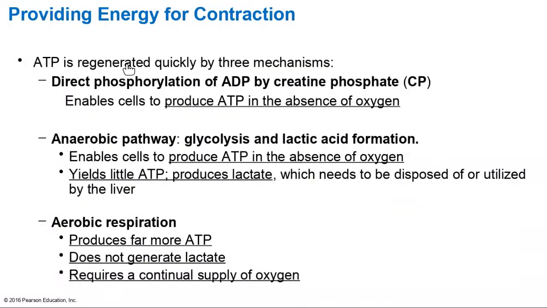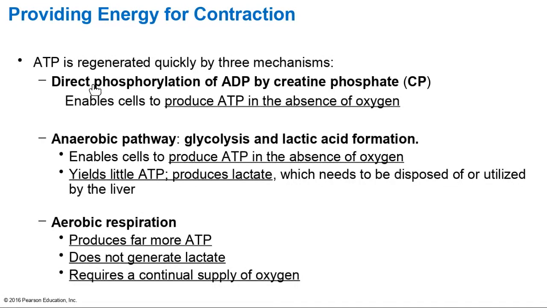Okay. So there are 3 main ways, and this is really high yield information. You certainly will have 2 to 3 at least questions about your understanding of these 3 different ways that we're going to regenerate ATP for our muscle cells.